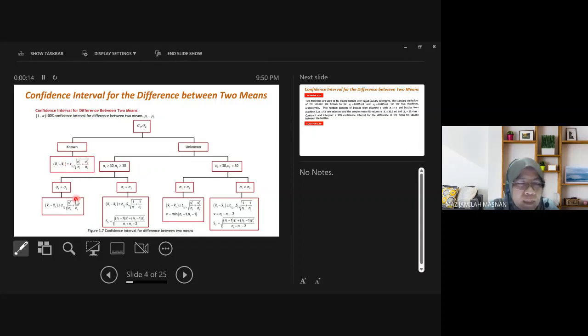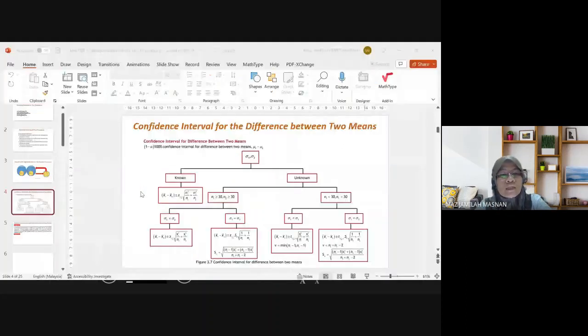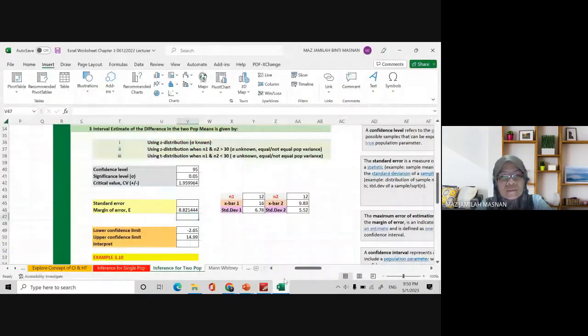If sigma is unknown and the variance, the standard deviation, is not equal, then the calculation becomes this, followed with the cases that we have. So class, for mean, it will be a bit tedious because you have to check which condition applies to your problem. So let's go back to our Excel.